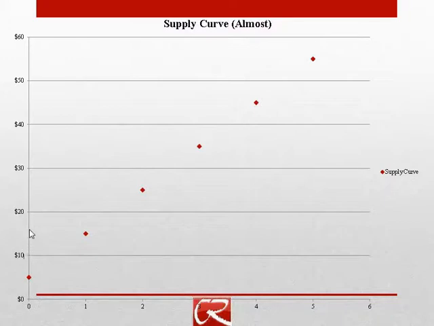Then once we hit $15, it jumps out. Further price increases don't produce any increased willingness to sell until we get to $25. Then our second supplier becomes willing to supply, and so on and so forth. So again, this would be a kind of step function, and that would map out our supply curve.